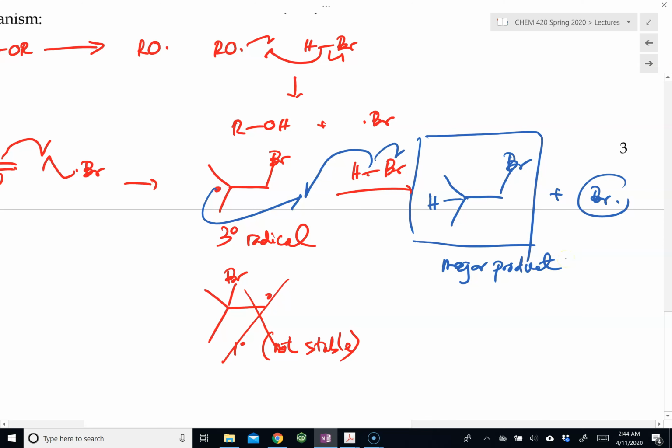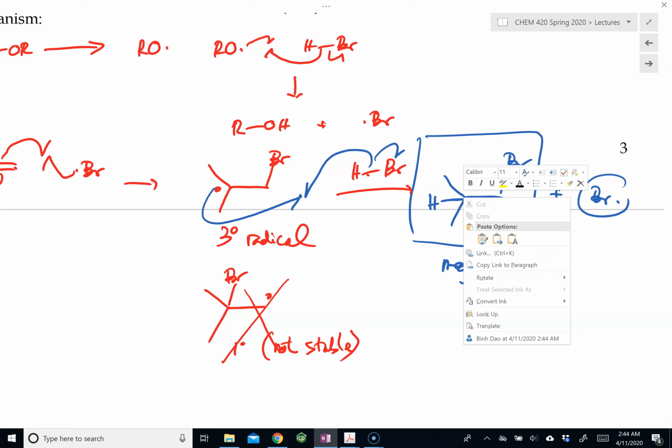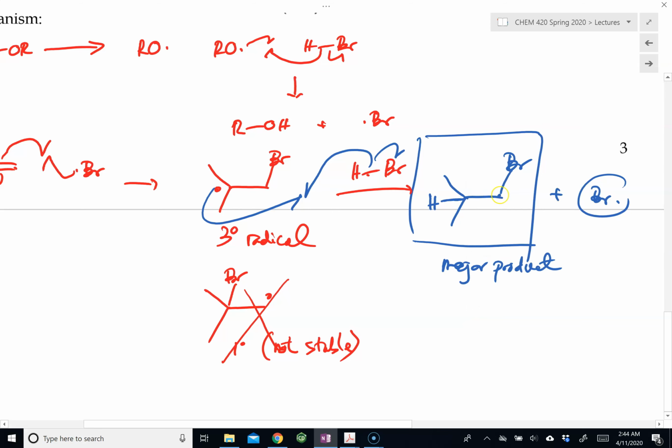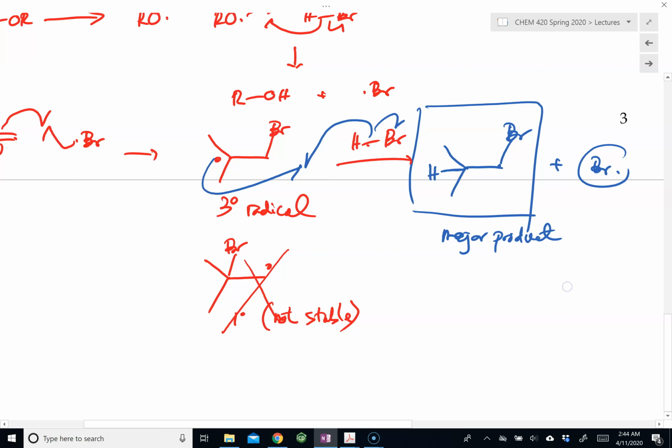And following the description from the Markovnikov rule, in this case right here, the hydrogen is added to the more substituted vinylic carbon, and the bromine or the halogen is added to the less substituted vinylic carbon. So this is why this is called the anti-Markovnikov product.